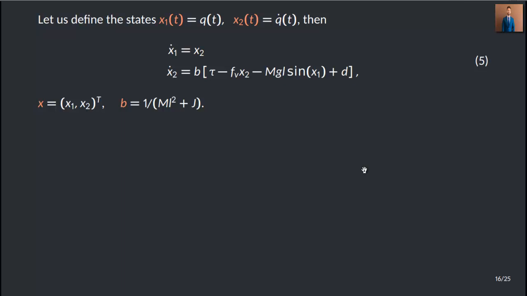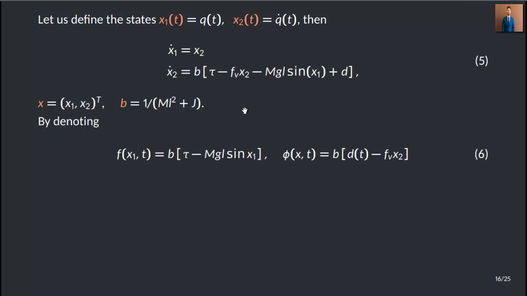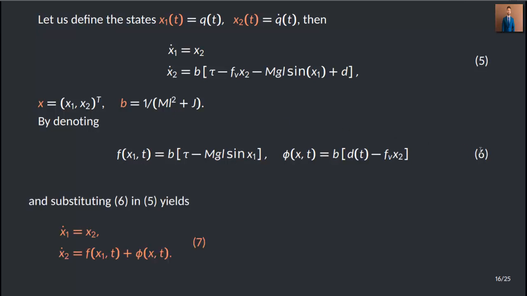Then the pendulum dynamics can be rewritten as in 5, where x is the state vector and b is a coefficient. By denoting f and phi as appearing here in 6, placing 6 in 5 yields representation 7, which is the base of our design.